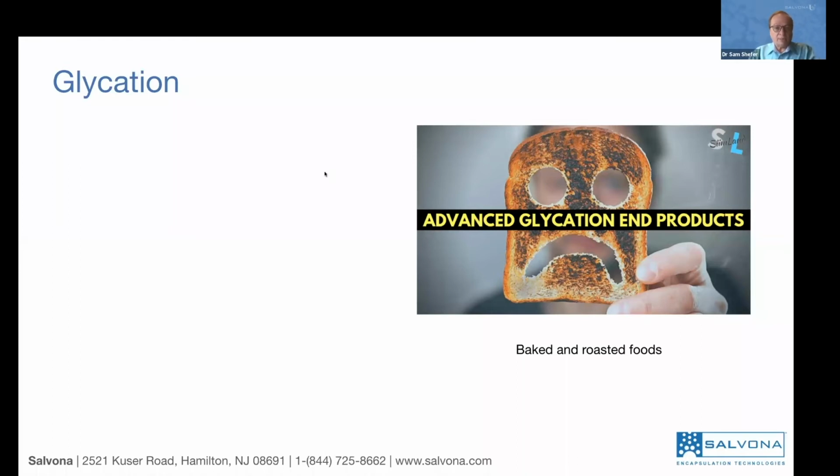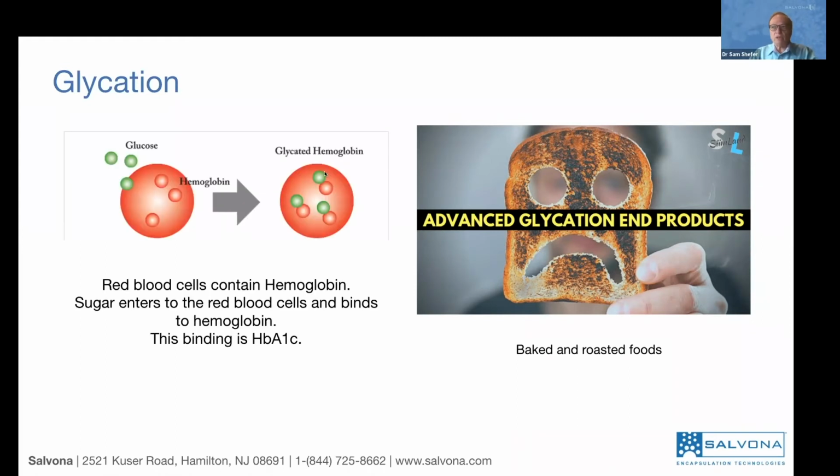Now, if you know somebody who has diabetes, then you have heard another expression called A1C. What is A1C? It's a phenomenon that happens to people with a high level of sugar in the blood. The red blood cells contain hemoglobin, and excess sugar in the blood penetrates into the red blood cells.